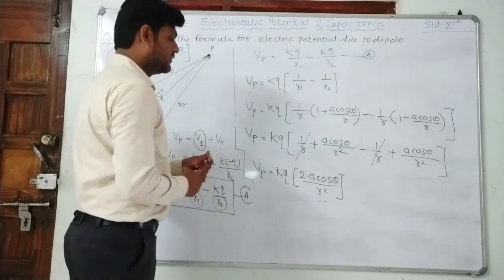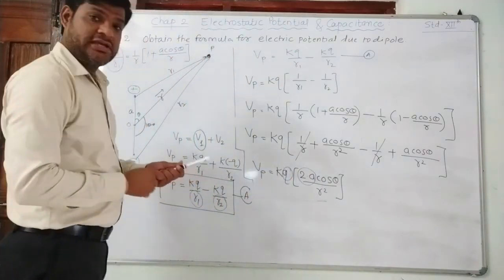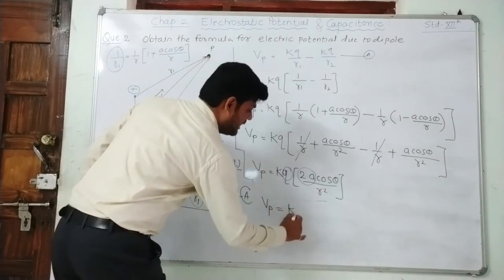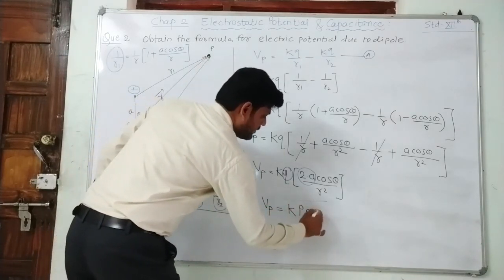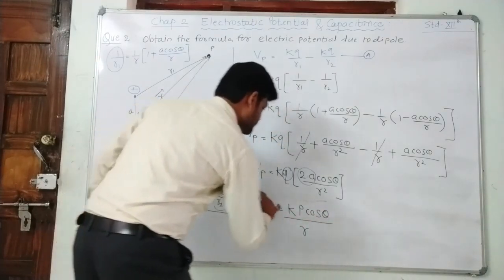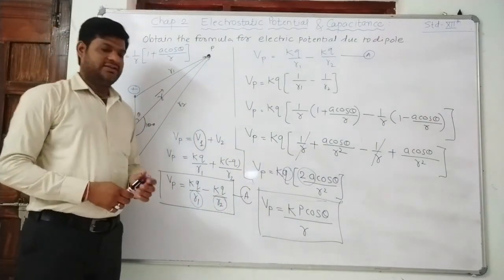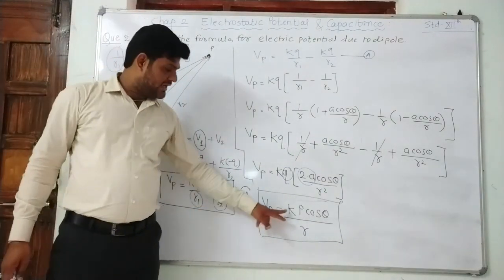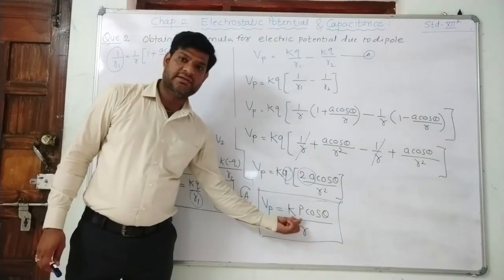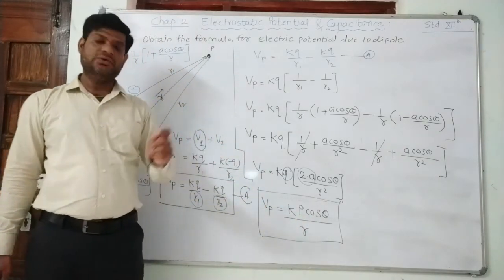As we know, this 2A into Q is known as P. So potential at point P equal to K P cos theta by R square. This is the potential due to the dipole. Vp equal to K P cos theta by R square, where P is the dipole moment, 2A into Q.